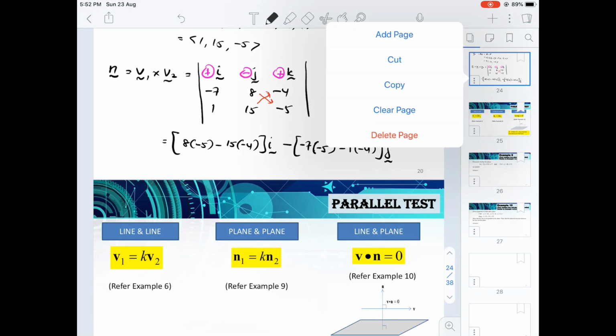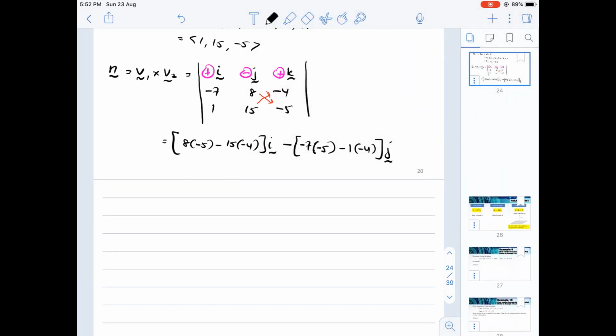Okay, and then plus for the k direction, close the third column. So we have -7 multiplied by 15 minus 1 multiplied by 8. This is for the k direction. Right now we need to solve all of this.